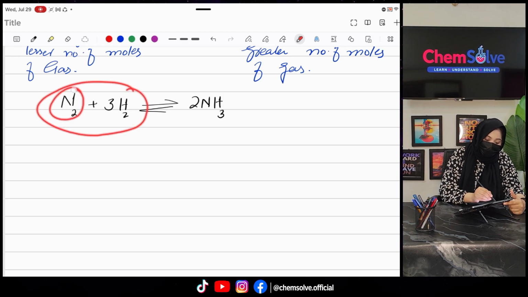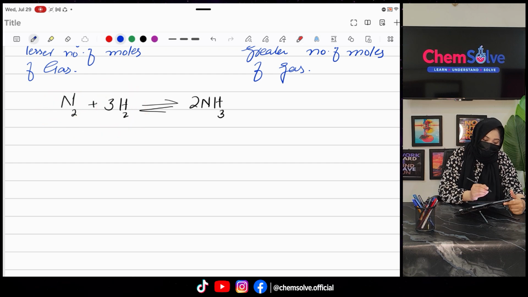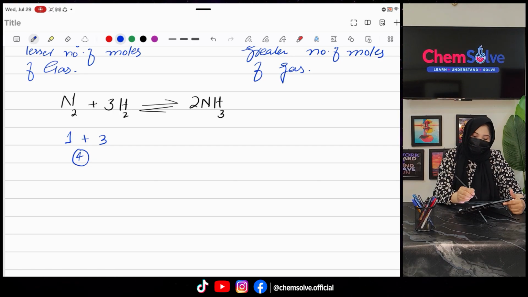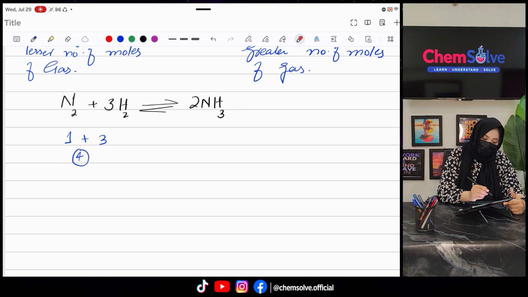There is 1 mole of nitrogen and 3 moles of hydrogen. So overall 1 plus 3, total number of moles on the reactant side is 4. Now look at the product side. There is only ammonia in the product and it has 2 moles.